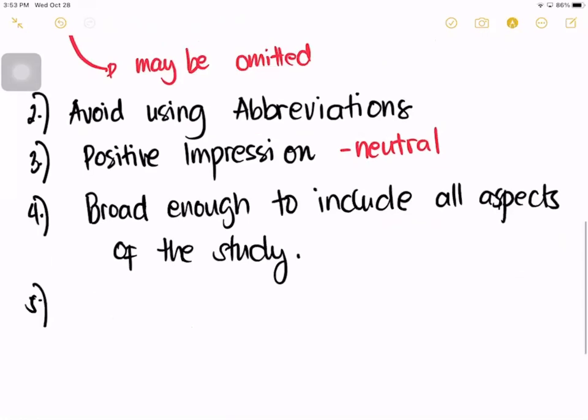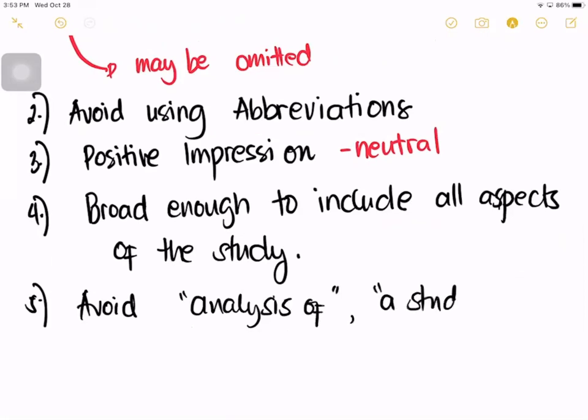Our number five guideline is we must avoid terms such as "analysis of" or "a study of". These kinds of introductory phrases should be avoided because it's already understood that it is a study or an analysis of something.